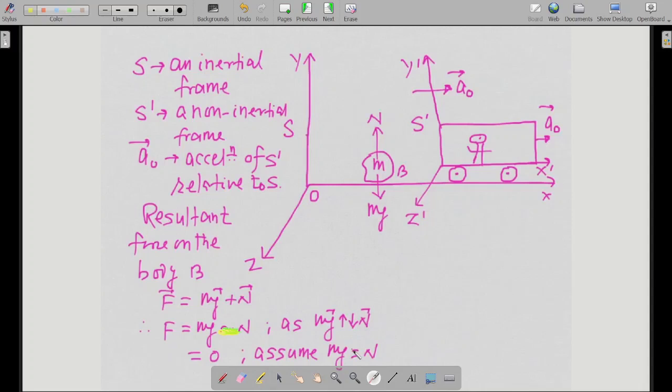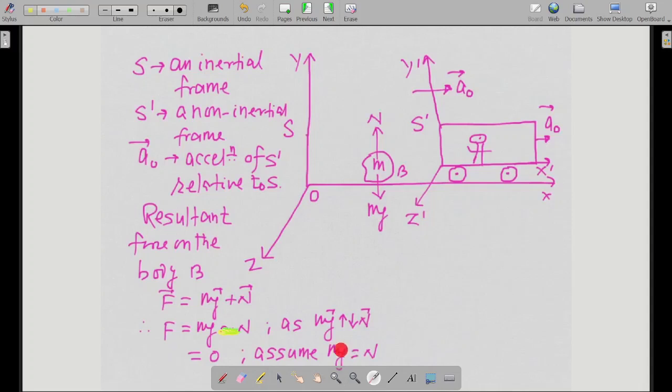The normal reaction is equal to the weight of the body approximately, okay, approximately I am saying, although in the strict sense there might be some deviations. But as far as our classical mechanics is concerned, your normal reaction will always be equal to the weight of the body in the upward direction, okay.